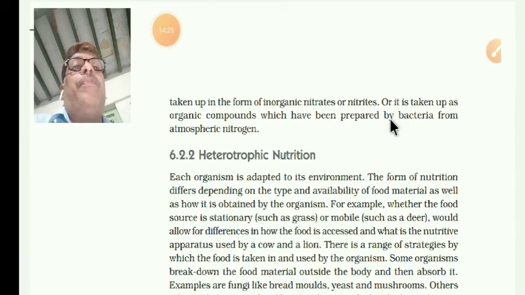Bacteria such as Rhizobium, by symbiosis, convert atmospheric nitrogen into nitrates. Then only do the plants get the essential nitrogen.